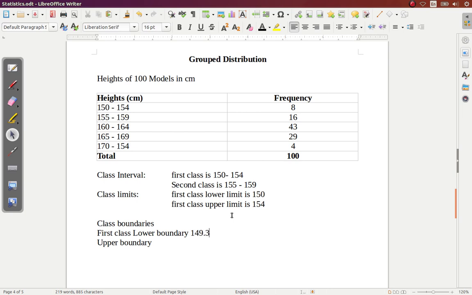Would you include that measurement in the first class? Remember, in these classes, you have measurements to the nearest centimeter. What is 149 to the nearest centimeter? Remember, you're rounding off. You would not include 149.3. So let me strike that out.